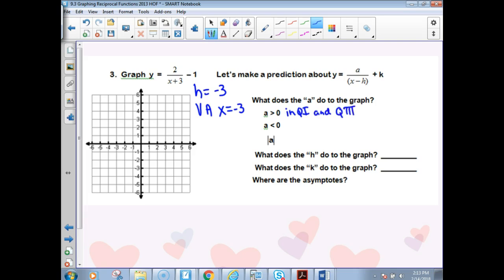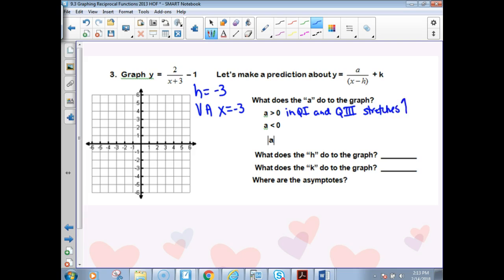Now, I don't want to imply that it's really in the quadrants completely because of the shifts. I'm using that term loosely because you're not truly in quadrant 1 and 3. But you get what I mean as far as the symmetry of the graph, the way it's going to look. But it also stretches y.